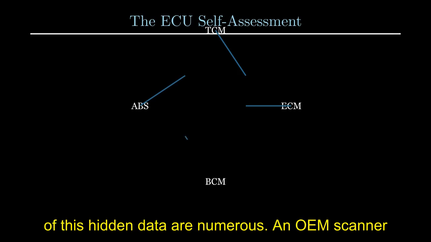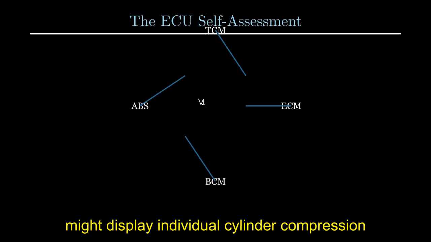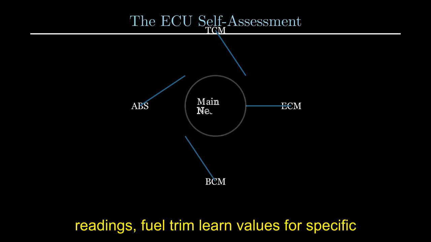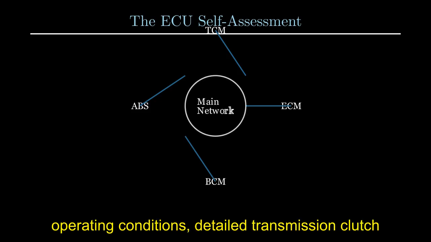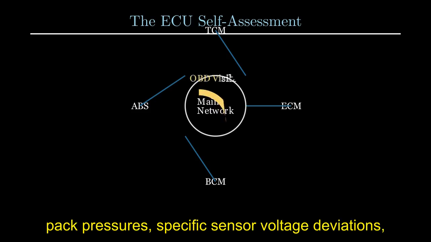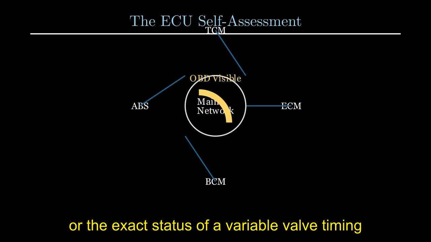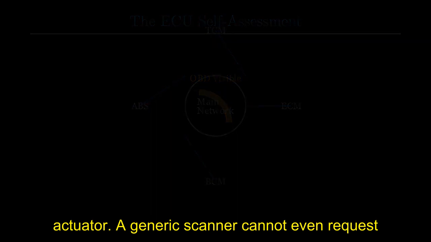Examples of this hidden data are numerous. An OEM scanner might display individual cylinder compression readings, fuel trim learn values for specific operating conditions, detailed transmission clutch pack pressures, specific sensor voltage deviations, or the exact status of a variable valve timing actuator. A generic scanner cannot even request these parameters.